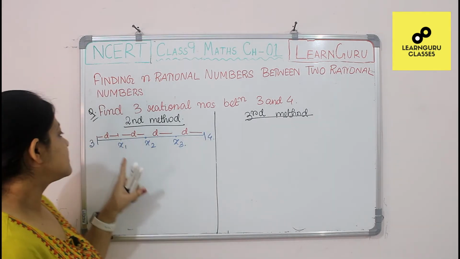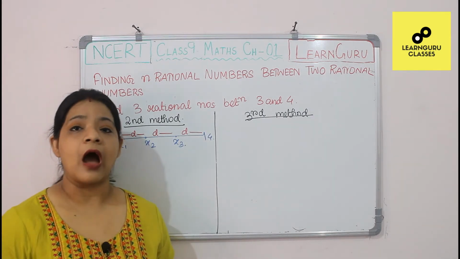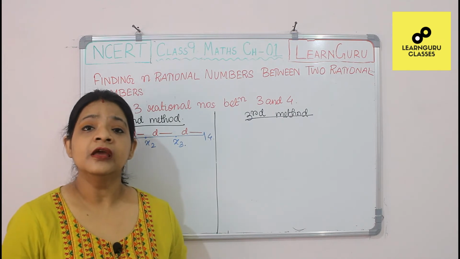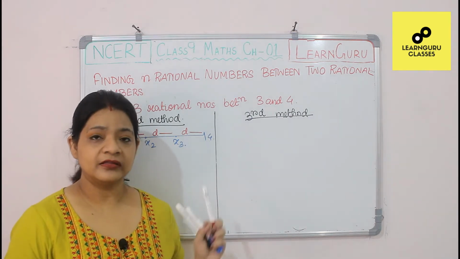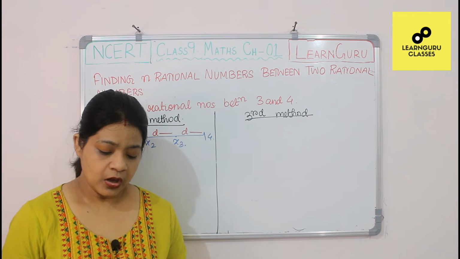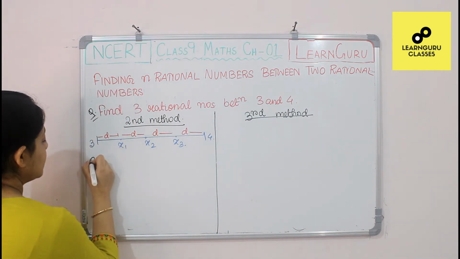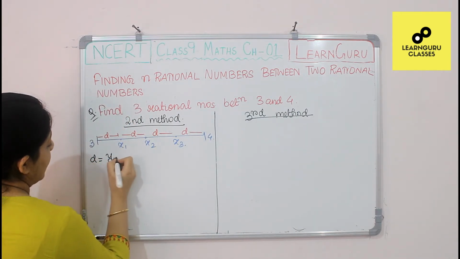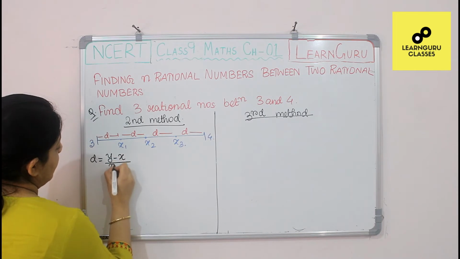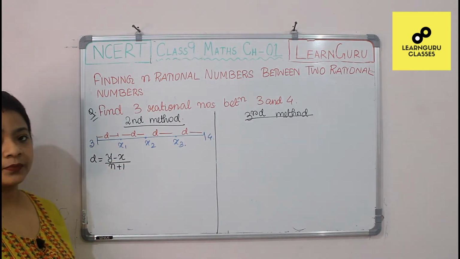Okay, so next our duty is to find out the value of d using the formula that I have discussed just now. So d is equal to (y minus x) divided by (n plus 1).